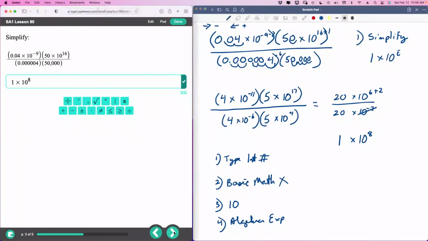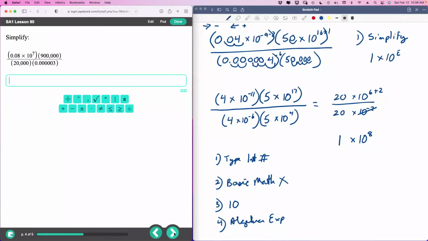All right, so these two that are remaining, number 4 and number 5, I expect you to be able to handle on your own now that we've been through 2 of them. Just use the same process. We simplify, and after you simplify, you're going to multiply the whole number, okay?